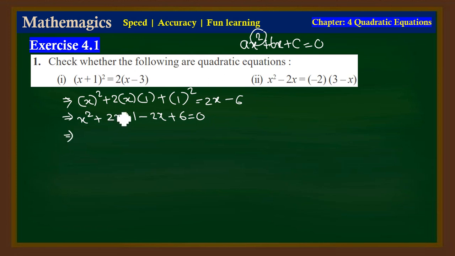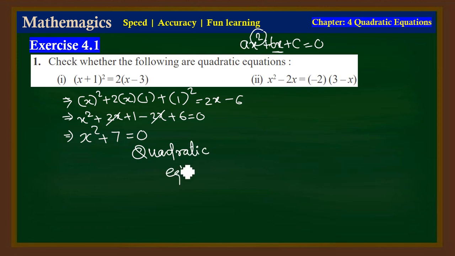Implies that plus 2x minus 2x gets cancelled. So here x square plus 1 plus 6 becomes plus 7 is equal to 0. Though the bx part is missing, the condition for a quadratic equation is satisfied, that is, the degree of the equation should be 2. Here the degree already exists, that is x square. That's why this is a quadratic equation. So, dear friends, this is a quadratic equation.